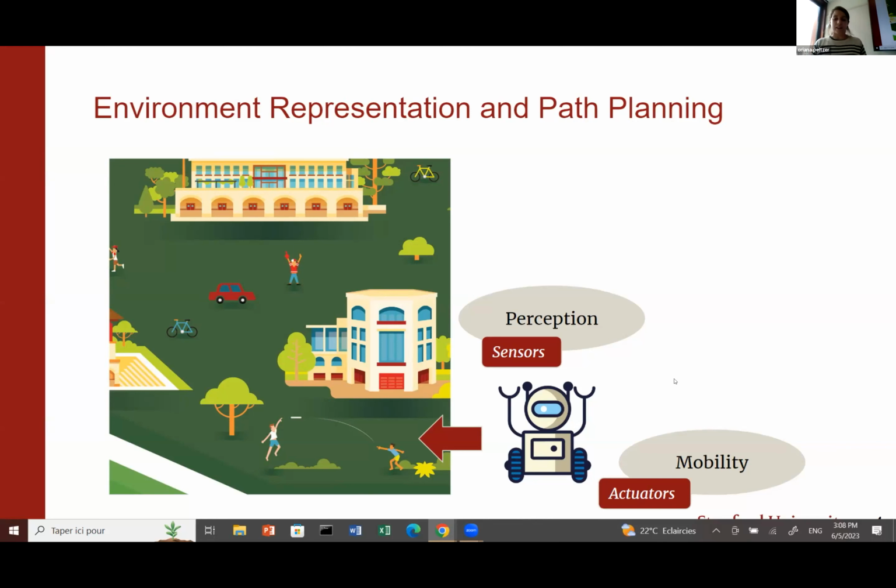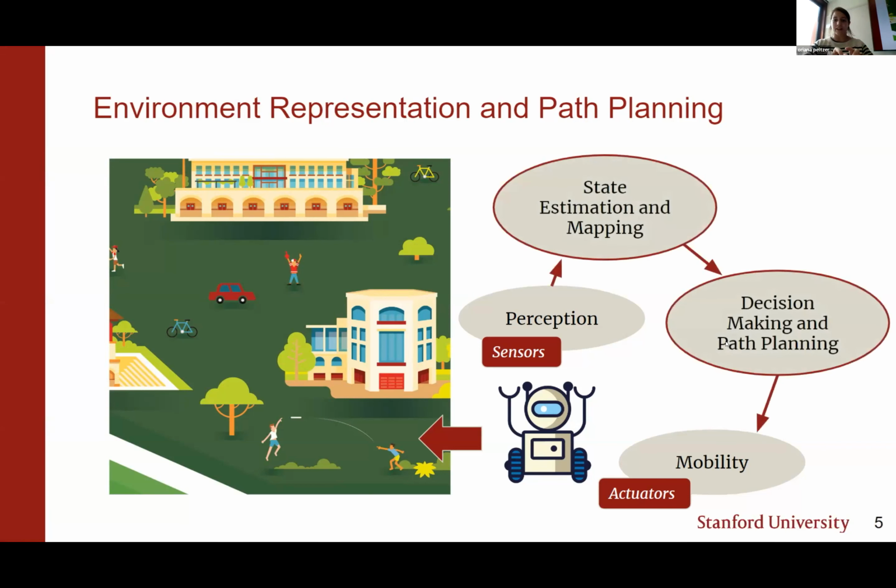We're also going to pick actuators that are going to help it move in the world. Everything that comes in between the robot's perception of the world and its mobility functions constitutes what's called the robotic autonomy stack. You can break this into state estimation and mapping, and decision-making and planning.